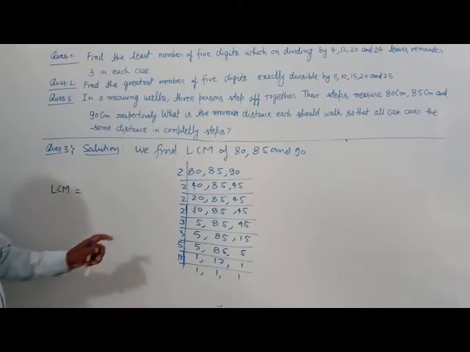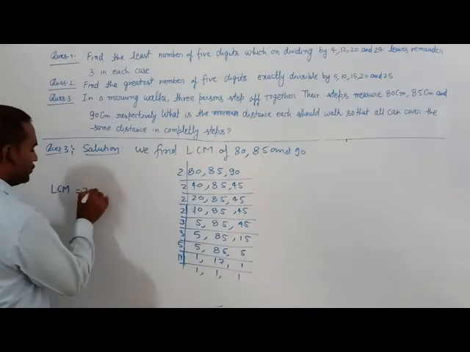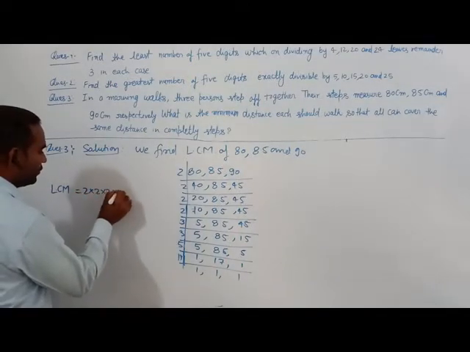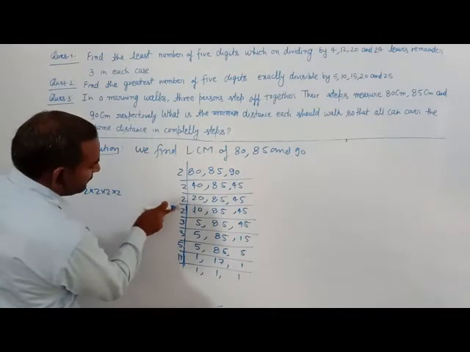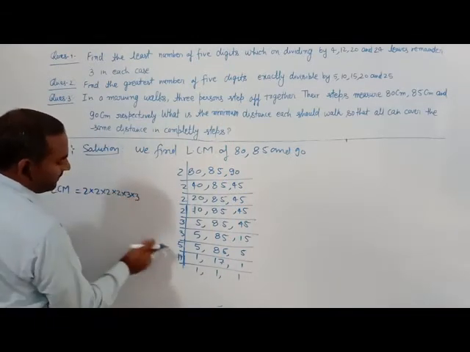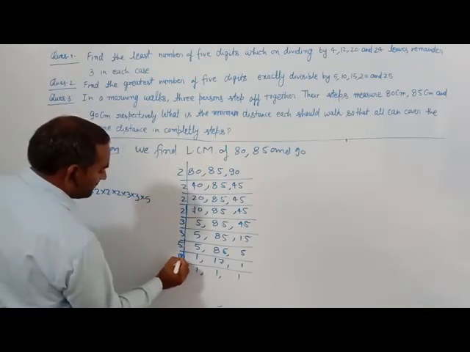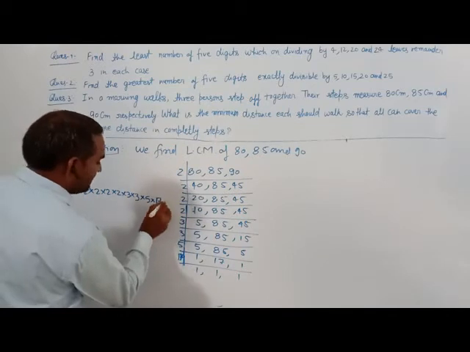LCM is equal to, first of all we write all these factors: 2 into 2 into 2 into 2, four times; 3 into 3, two times; 5, one time; and 17, one time.